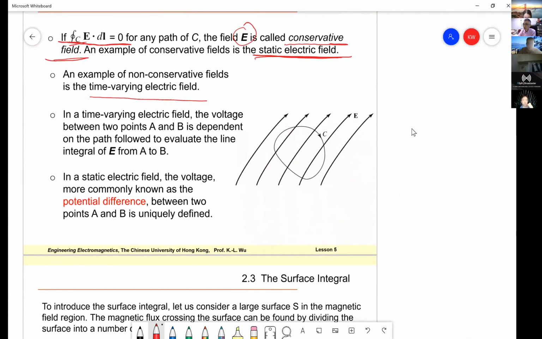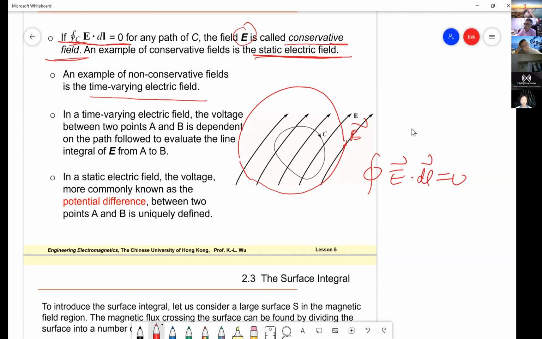And sometimes, when we move from point A to point B in a conservative field, where the closed loop integration equals 0, I can define two points A and B. If this is a path C1 and this is a path C2, it doesn't matter whether you go past C1 or C2 when you move a charge from A to B. That is independent of the path.